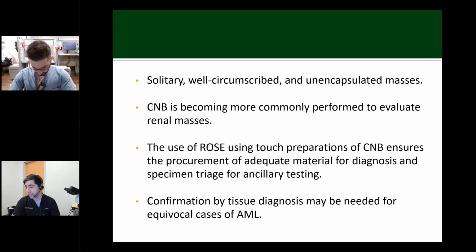This is where ROSE, or rapid on-site evaluation, using touch preparations of core needle biopsy plays a significant role in our practice, to ensure procurement of sufficient material and allow for timely specimen triage. While angiomyolipoma is a lesion that can usually be reliably diagnosed by radiologists on imaging, sometimes confirmation of tissue diagnosis may be needed, especially in equivocal cases.